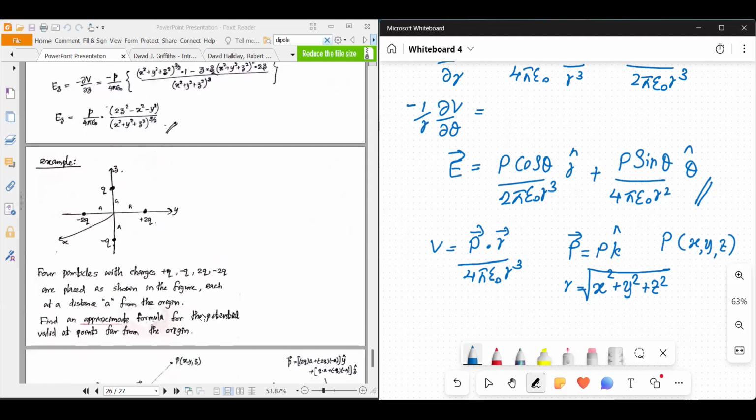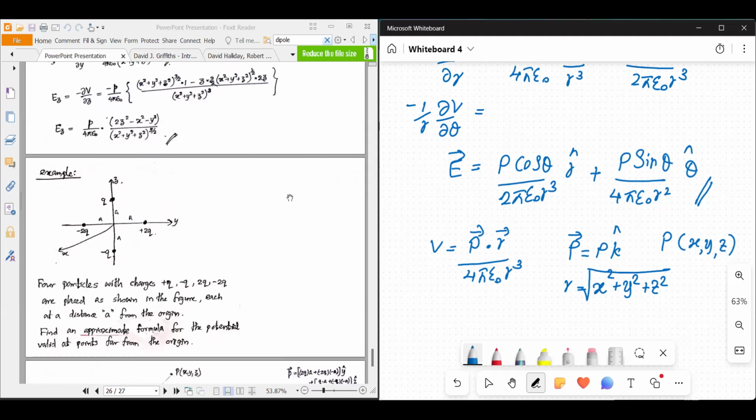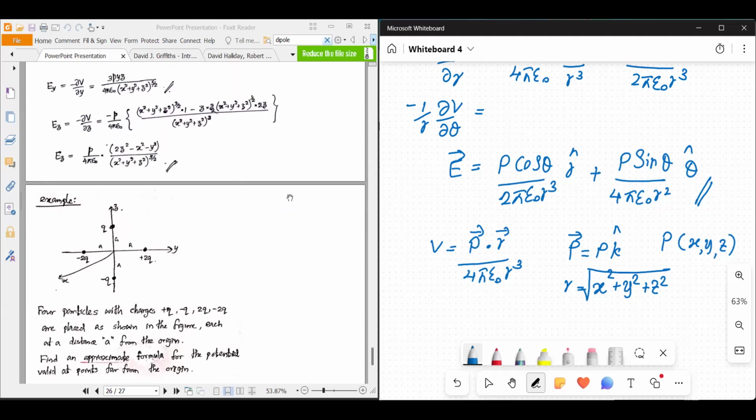And then we can write the electric field in this manner: Ex i plus Ey j plus Ez k. Okay. So write down this question and try that one as a homework.